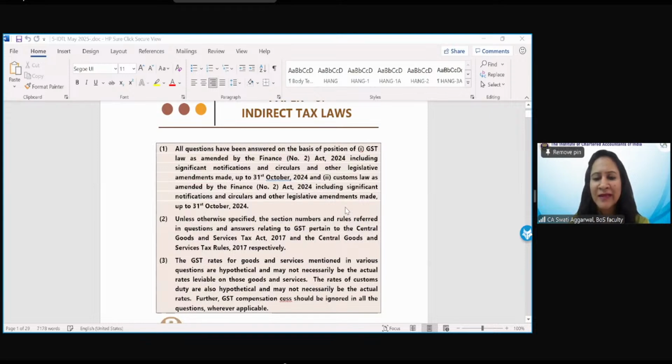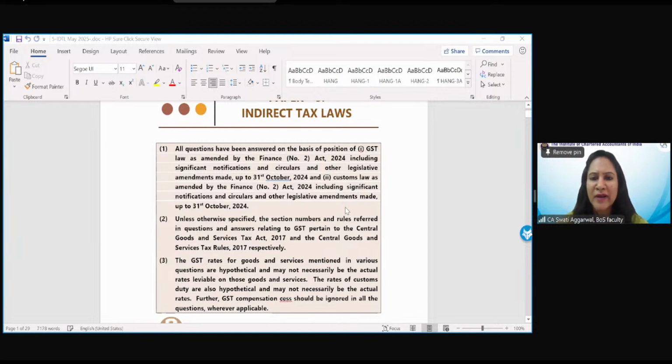As ma'am has already told you, for the May 2025 examination, the cutoff date is 31st October 2024. We have also highlighted at the beginning of our revision test paper that all the questions have been answered on this position of law. Similarly, in the examination also, you will get this point highlighted on the top of the page, that all the questions you would need to answer on the basis of the GST law as amended by the Finance (No. 2) Act 2024, including significant notifications, circulars and other legislative amendments made up to 31st October 2024.